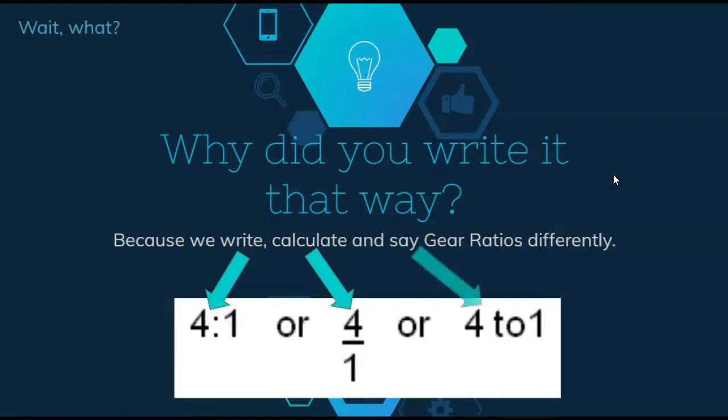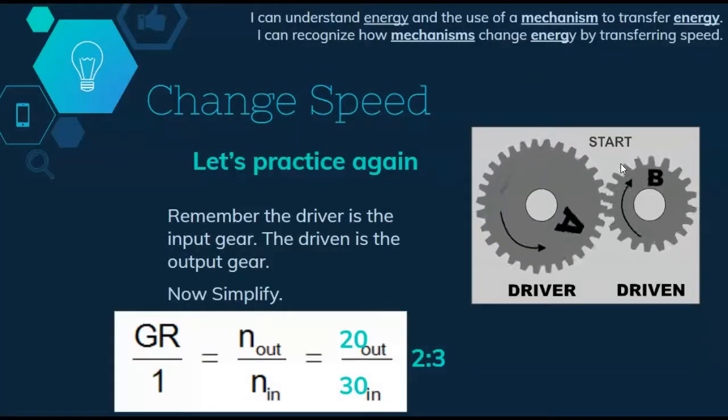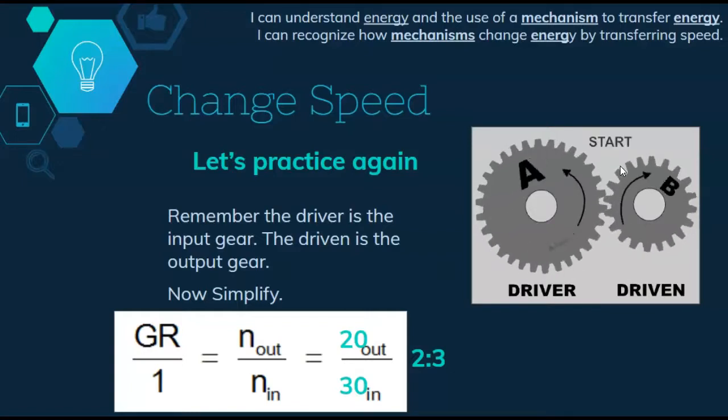You're going to say a gear ratio as 4 to 1. So going back to what we were doing in our previous slide, I had 2:3, but I didn't say it 2:3. I didn't say it 20/30. I said 2 to 3. That's our gear ratio.